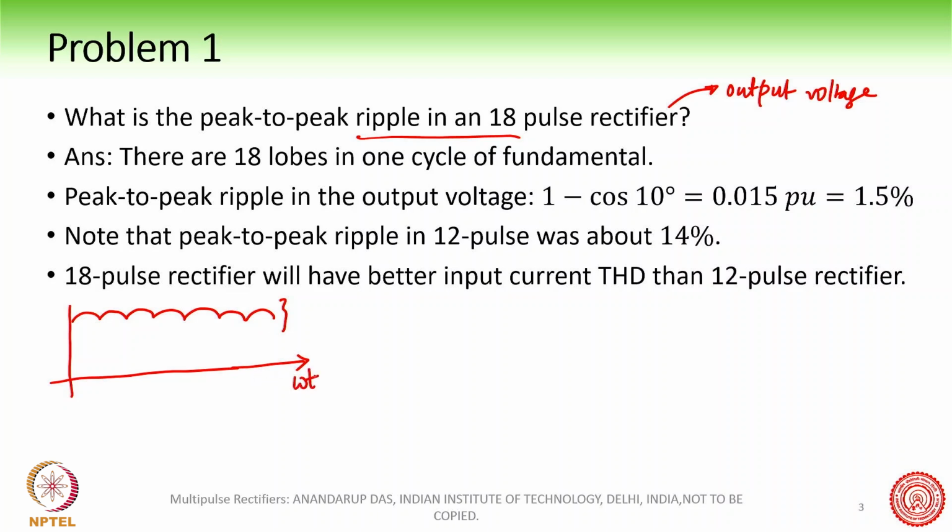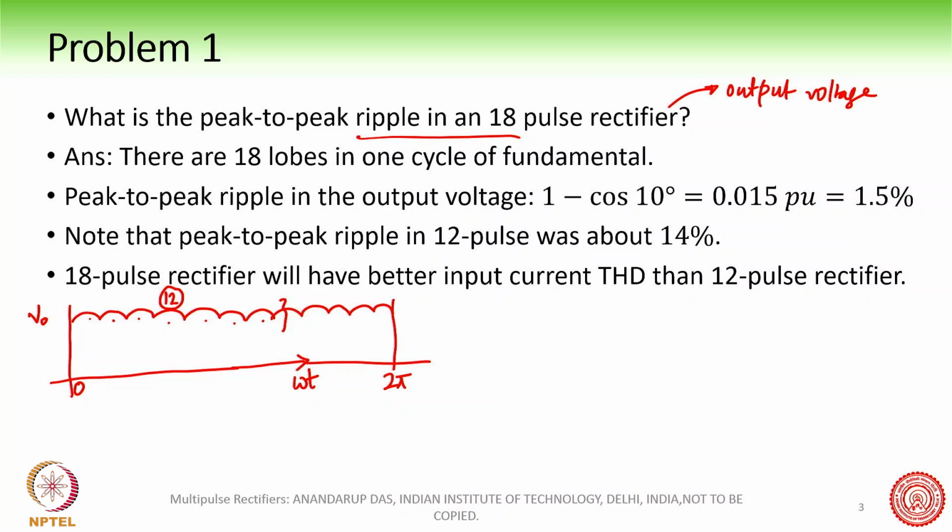Here this is omega t, and you can count them: 1 2 3 4 5 6 7 8 9 10 11 12. So there are a total of 12 lobes, and this is 2 pi, the fundamental. This is the output voltage.